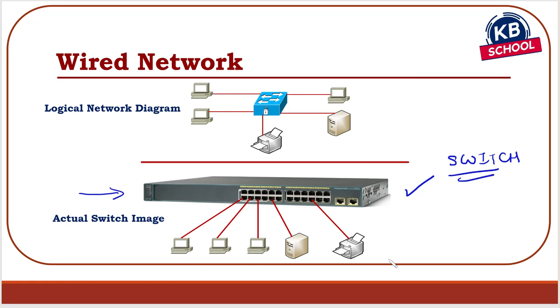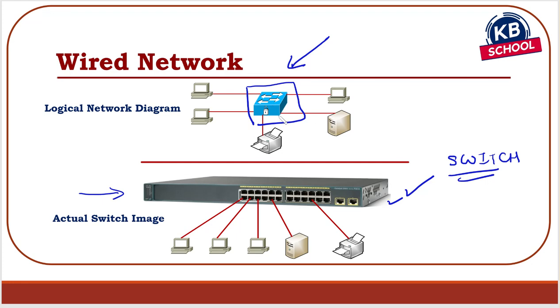Now, although this is the physical image of the switch, in most network diagrams, the stencil, the image that they use representing the switch is not going to be this. They're going to depict the switch using this image or this icon. So get used to seeing it like that.